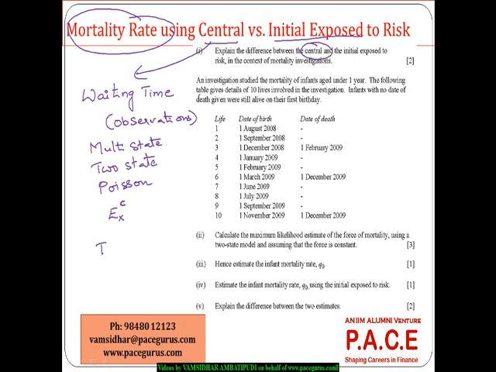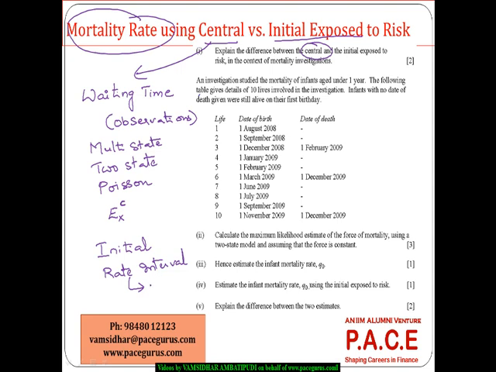But when I talk about the initial exposed to risk, I take the entire rate interval. Just the entry of the person is important for me. I will consider the entire rate interval for computing the waiting period.